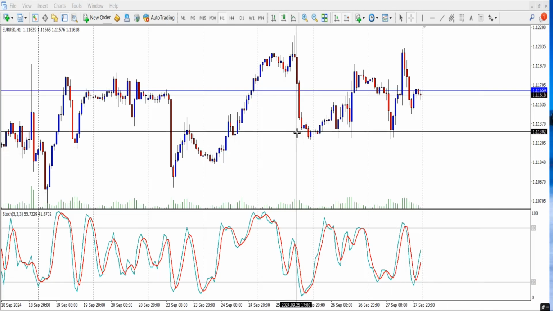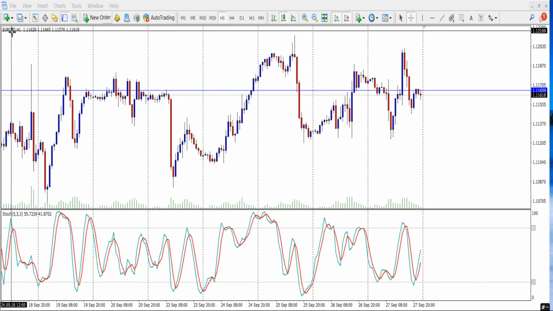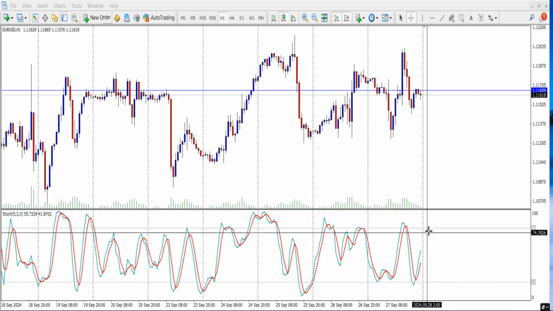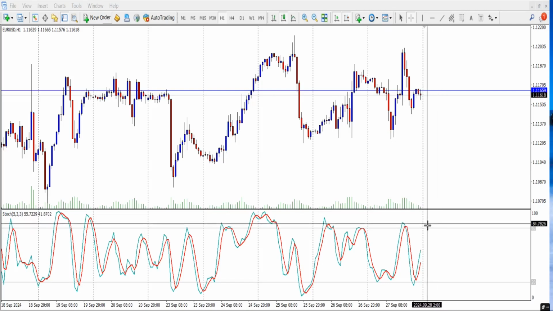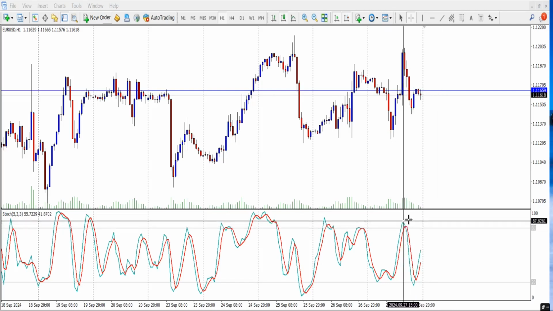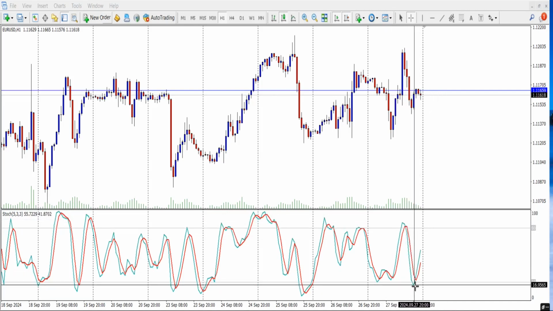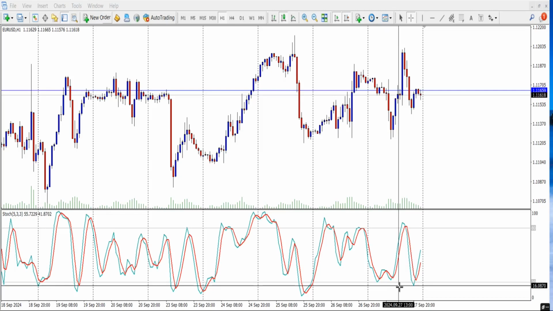On this particular chart, we are analyzing the EUR/USD currency pair. So whenever the oscillator is above the 80 level, it shows that the currency pair is overbought, while below the 20 level shows that the currency pair is oversold.